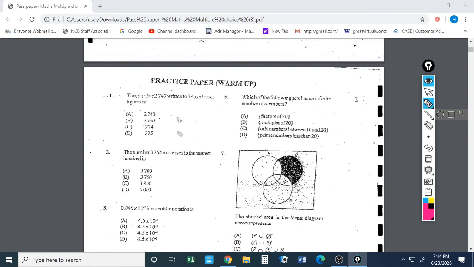The next one says, express the number 3754 to the nearest 100. So the nearest 100, guys, is this one, right? We need these two numbers to be the only significant figures. So in this case, we look at the third digit, this 5, and is this 5 greater than or equal to 5?